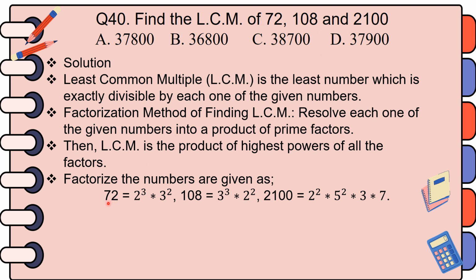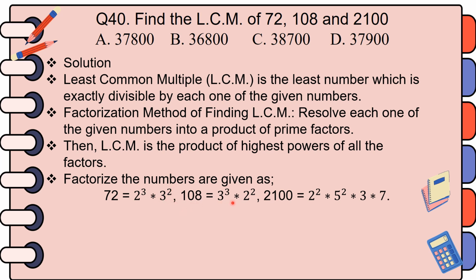First, resolve each of the given numbers into a product of prime factors. 72 can be written in its prime factor form as 2 to the power of 3 times 3 to the power of 2.